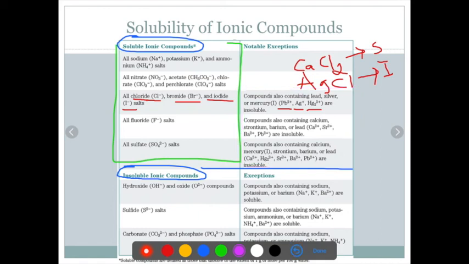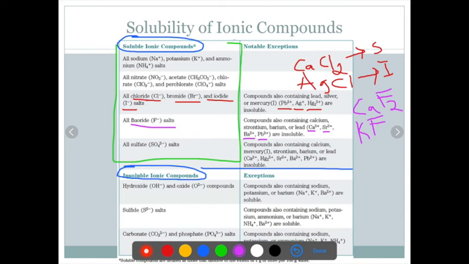Here we have fluoride is soluble except when it's with calcium, strontium, barium, and lead 2. So CaF2 is insoluble. But let's say potassium fluoride, KF.